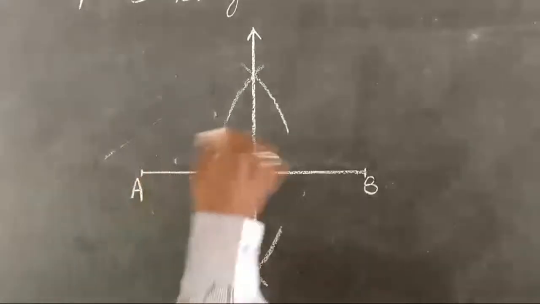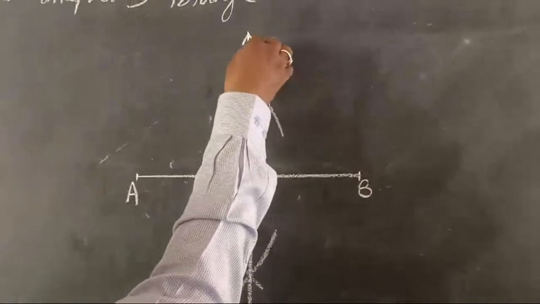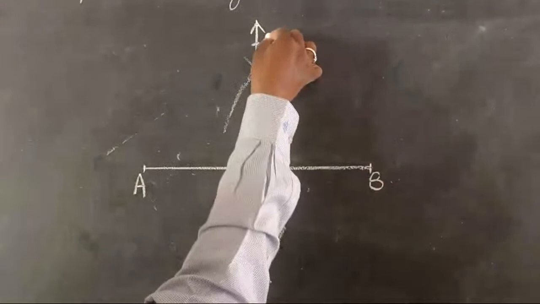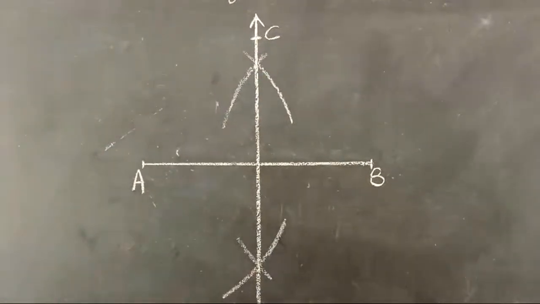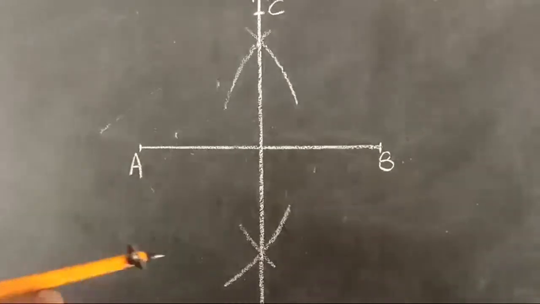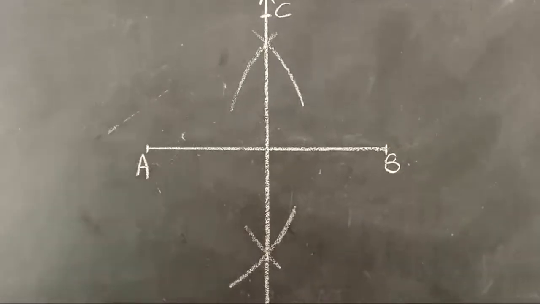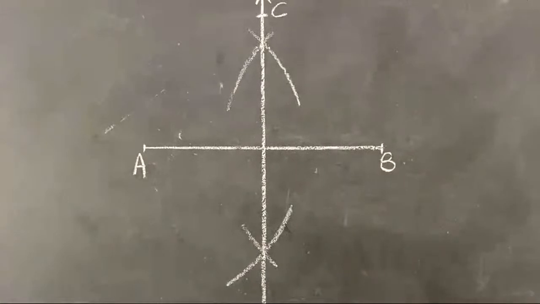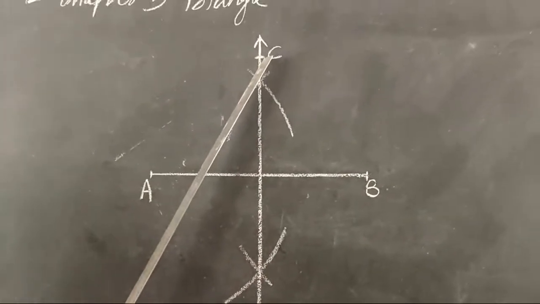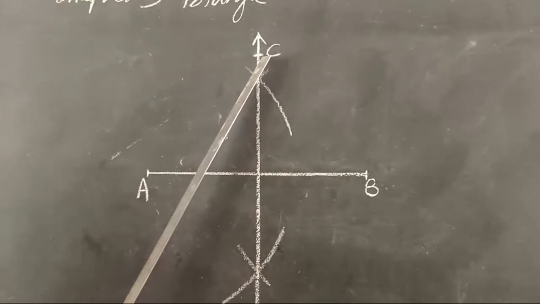Then take any point, every point on the perpendicular bisector. Suppose point C here, and take the distance of point C from the end points. Which are the distances?